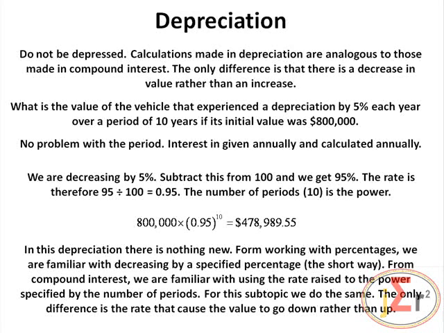From working with percentages, we are familiar with decreasing by a specified percentage, the short way. From compound interest, we are familiar with using the rate raised to the power specified by the number of periods. For this subtopic, we do the same. The only difference is that the rate causes the value to go down rather than up.